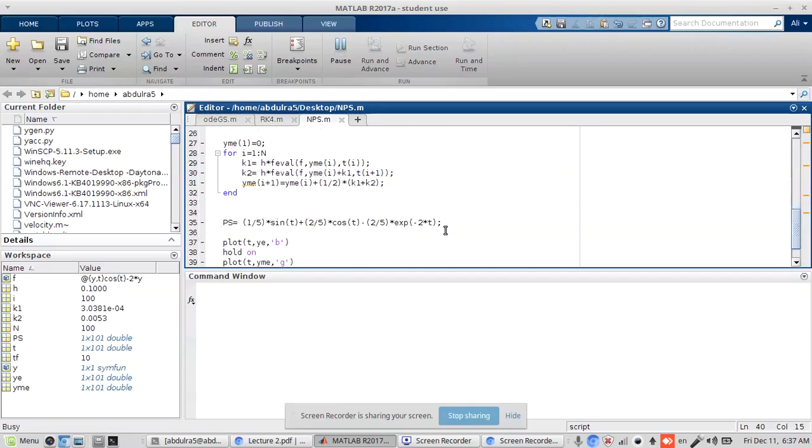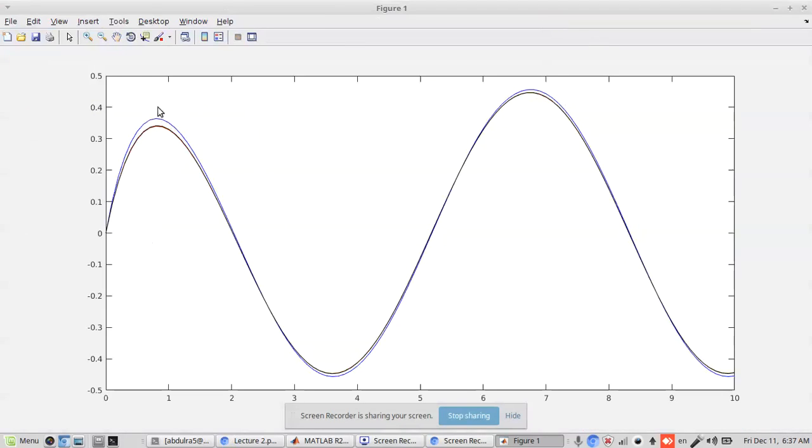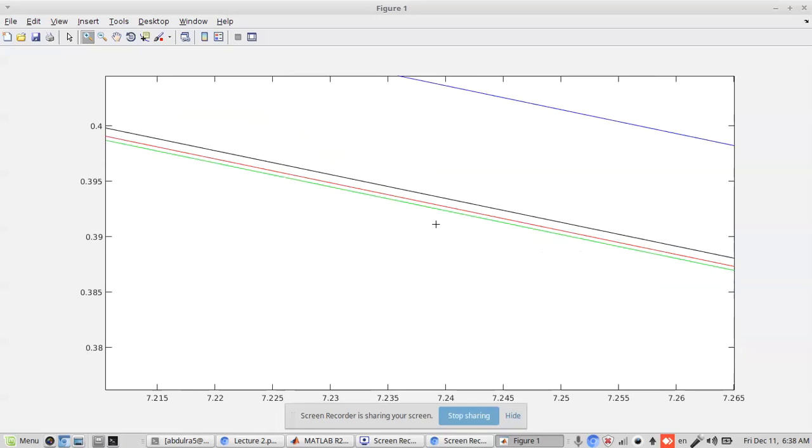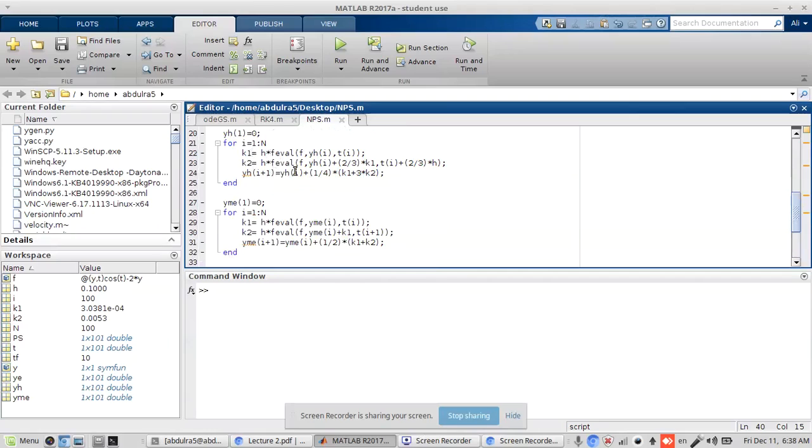Let's watch together. Do I have the red one? Yes. So see, there are still some errors between the red one, the green one, and the exact solution. But the red one seems closer now to the exact solution. That means the improved Euler method is better than the modified Euler method, and both are better than the Euler method.